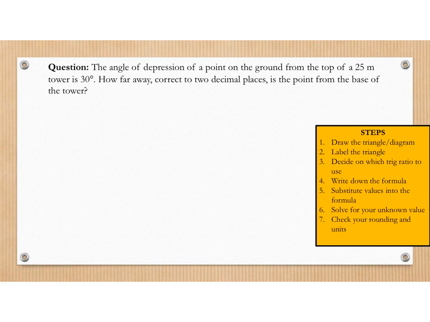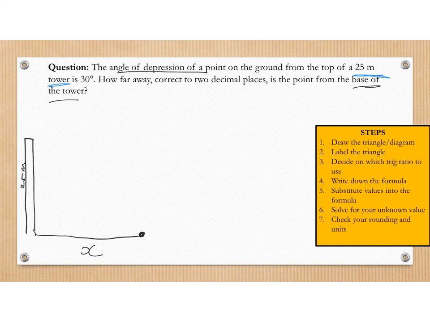Okay, we've got a tower that is 25 metres, so I'm going to draw that in. 25 metres. And I also have a point from the base of the tower that's a certain distance away, and that's what we want to find. And the other bit of information I want to know is the angle of depression from the top of the tower.